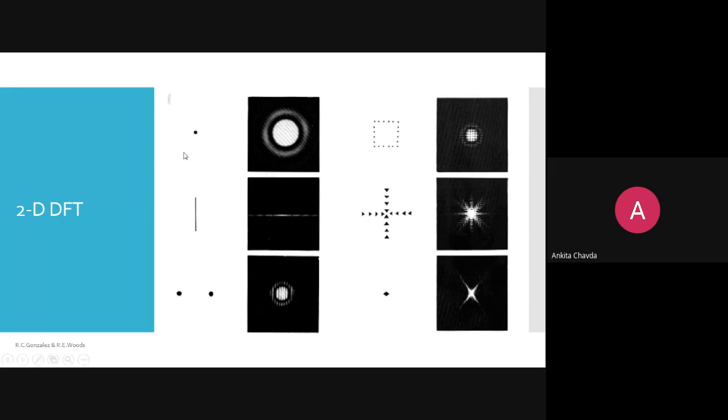Then these are two dots, and one of the dots will look like this again. If you have a square, then it will look like this. Again this diamond, rotated, the rotation is there, and it looks like this.